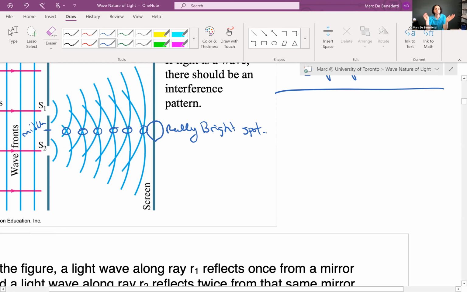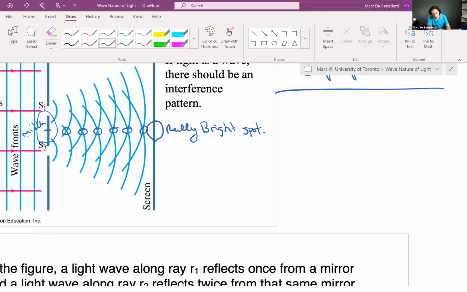That's how you get a really bright spot in the center, even though it's lined up with what you would expect to be a shadow. It's not a shadow, it's a bright spot. So that's something super cool.